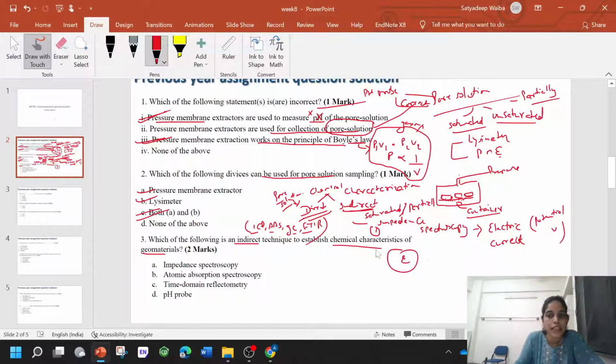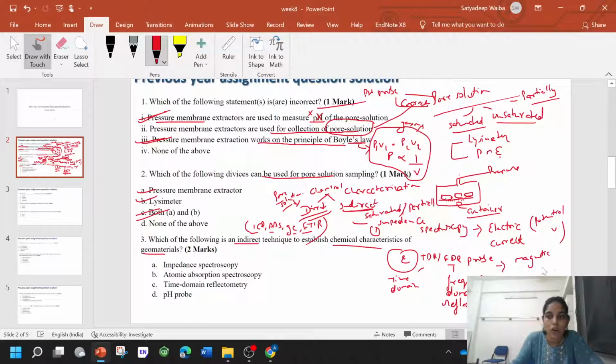The second thing that he says in the indirect is the TDR and FDR probes. TDR is time domain and FDR is frequency domain reflectometer. In TDR and FDR, these are based on the magnetic field property.